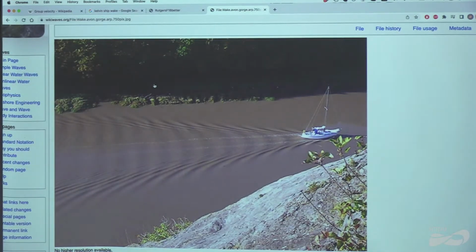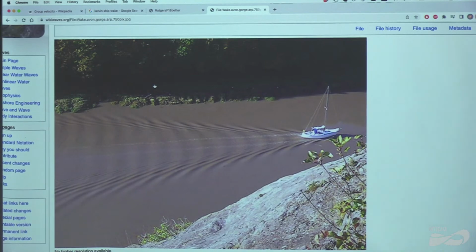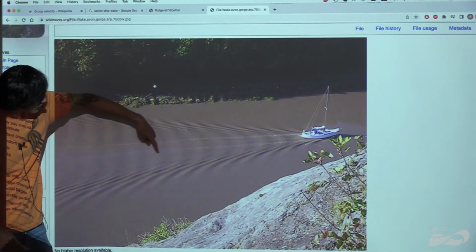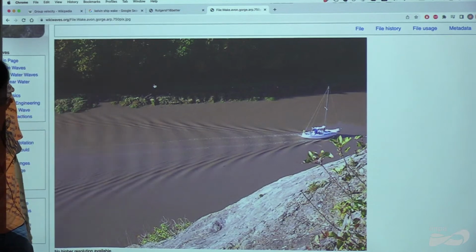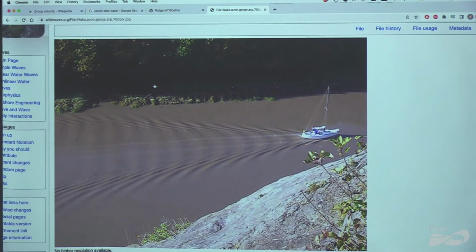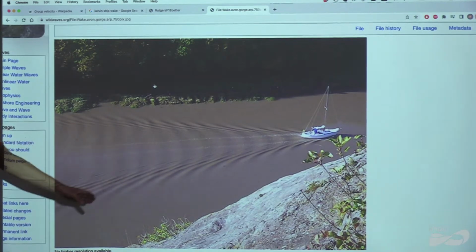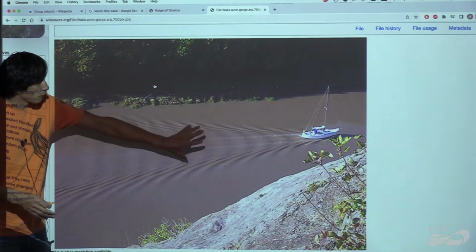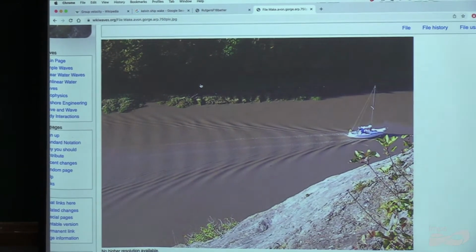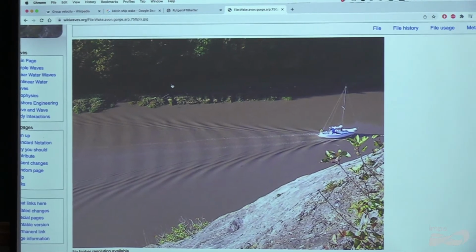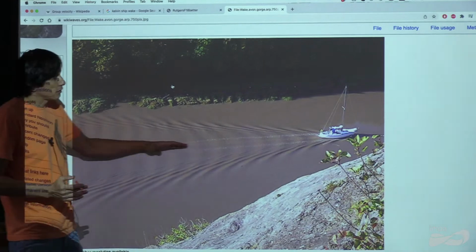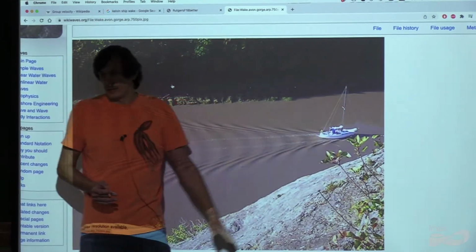And somehow, if you look at this many times, you will see that actually the shape of this wave is always the same. The geometry of this wave behind the ship is always the same, whether the ship is small, the ship is large, whether the ship is moving slowly or fast. It's only important that the ship just moves with a constant speed along a straight line.